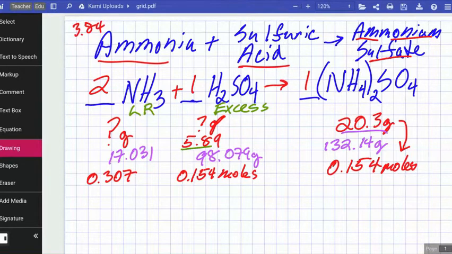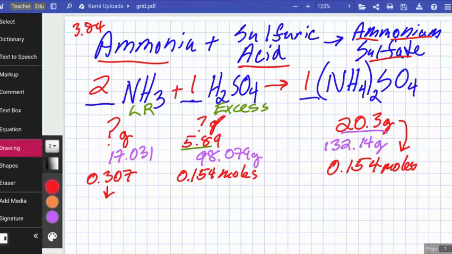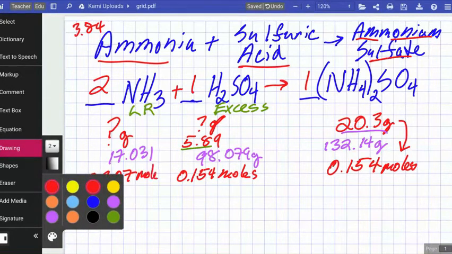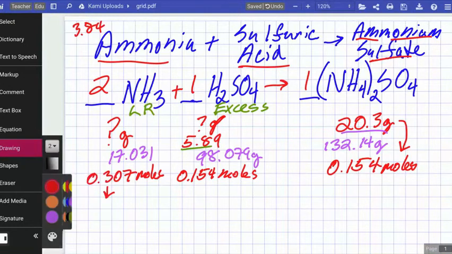And now I'm going to just use my molar mass. So my molar mass for ammonia. If I'm trying to figure out, in this case, moles into grams, I'm going to multiply 0.307 by that 17.031 number. Let's do some red arrows down.